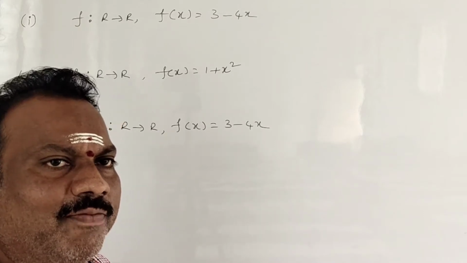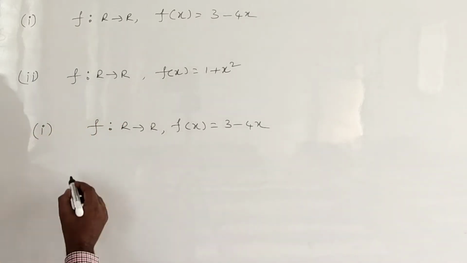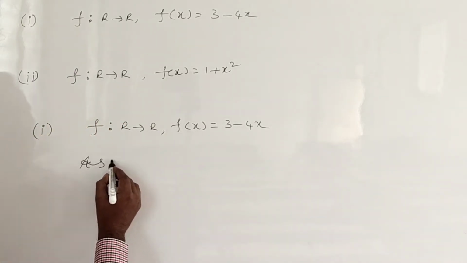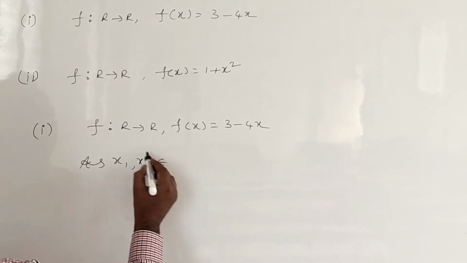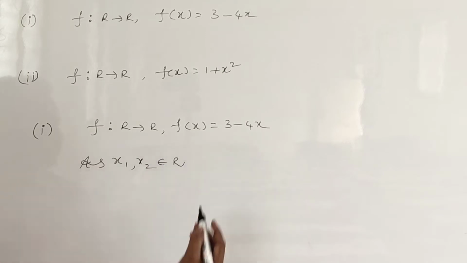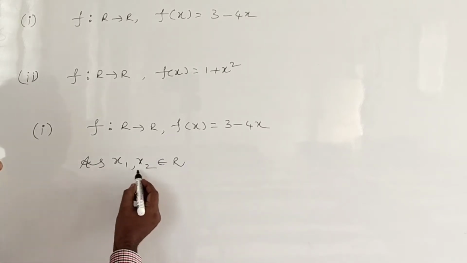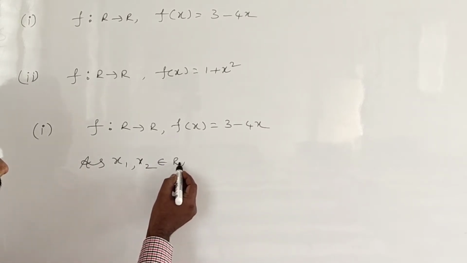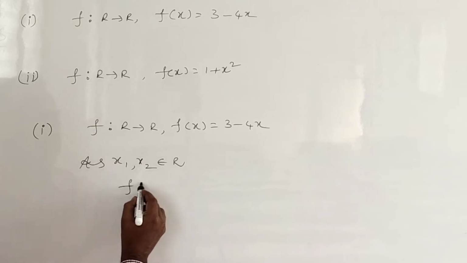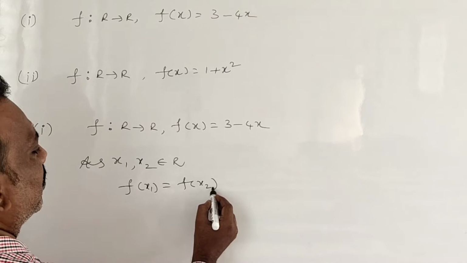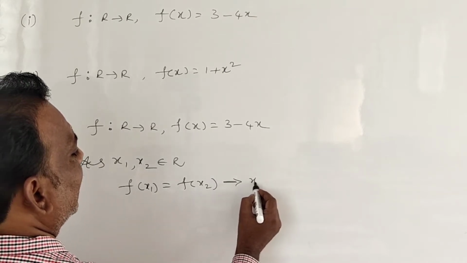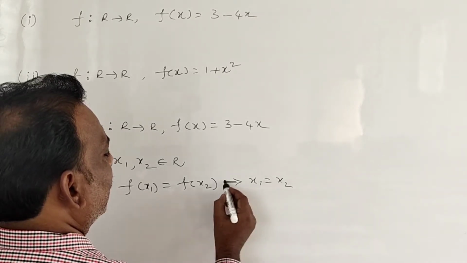What is the mathematical definition of one-one? Let x1, x2 be in the domain. Domain means R. x1, x2, two different elements we are taking in the domain. You are going to take f of x1 is equal to f of x2. Obviously, you should get x1 is equal to x2. That you are going to check.